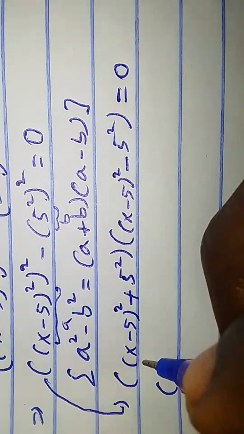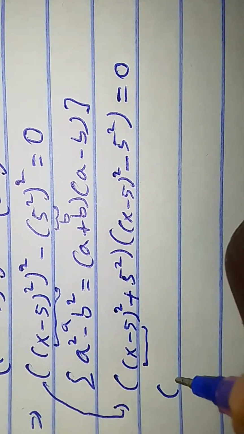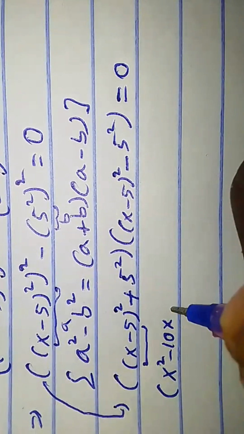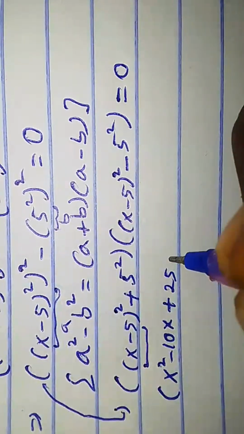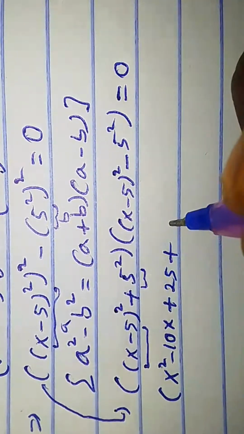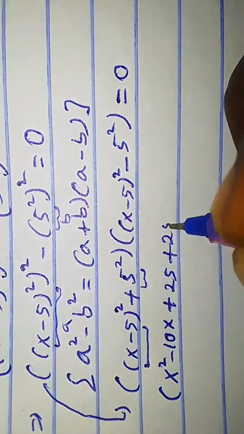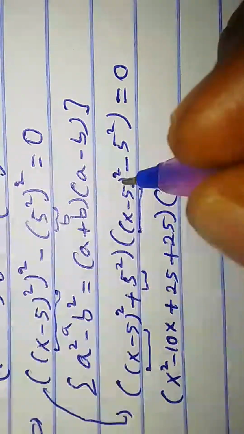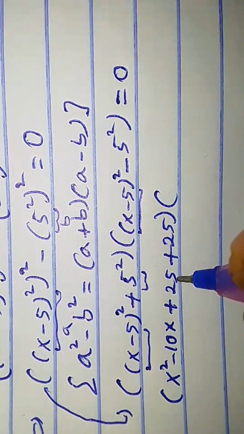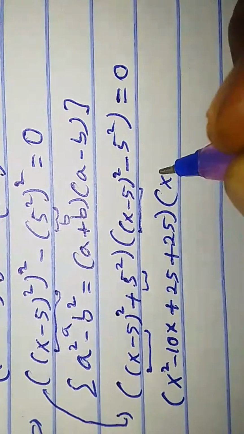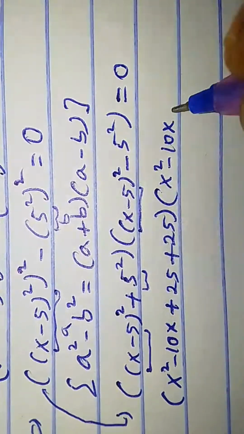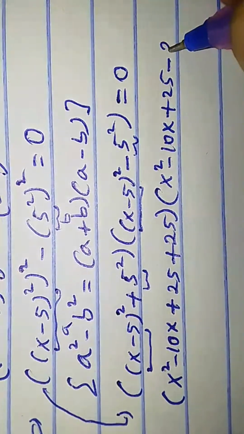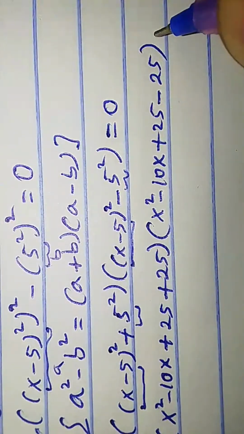If you expand (x − 5)^2 very well, you are going to have x² − 10x + 25, plus what is 5²? 5 times 5, that is 25. Close the bracket, times (x − 5)^2, which is the same thing as we have here: x² − 10x + 25 − 5², that is 25, everything equal to 0.